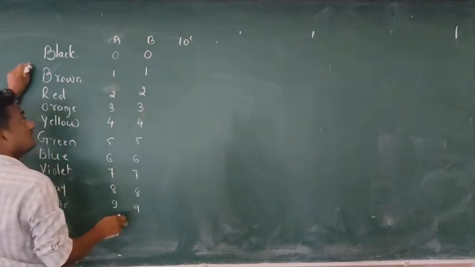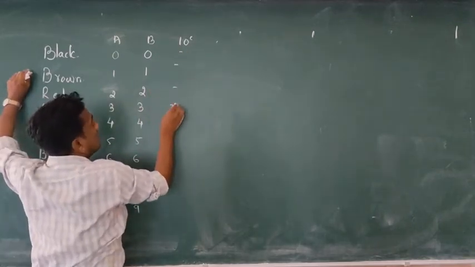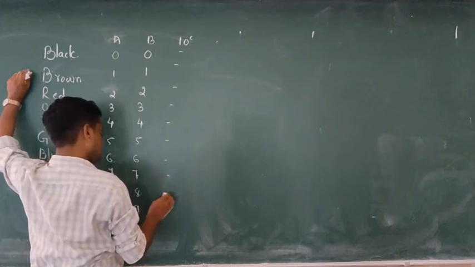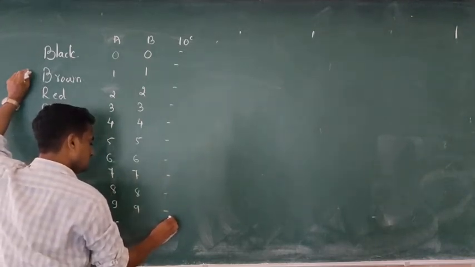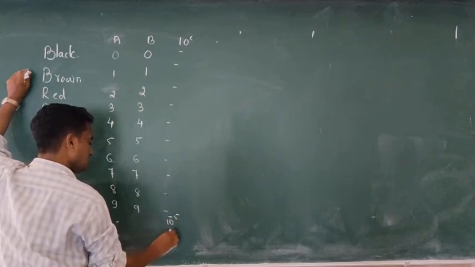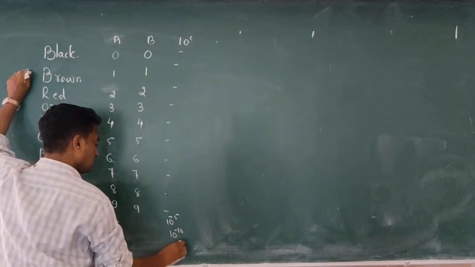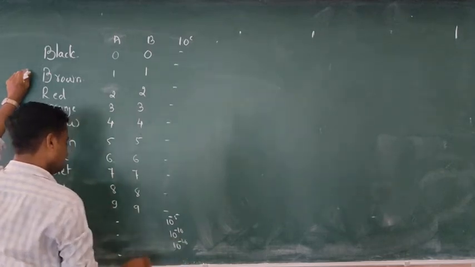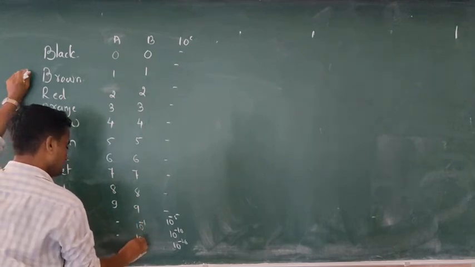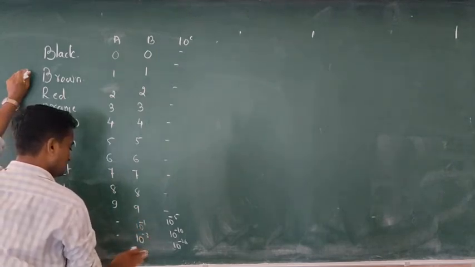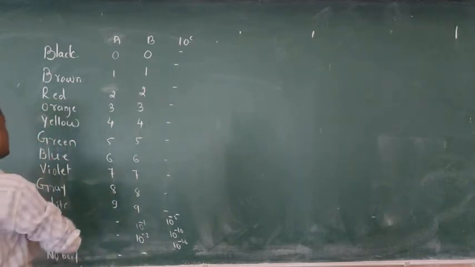Then the multiplier gap has 10 to the power minus 1, 10 to the power minus 2, and there is no band. This one is the table.